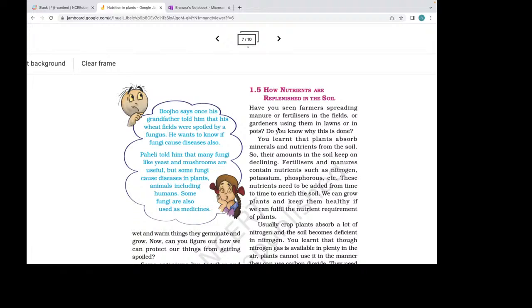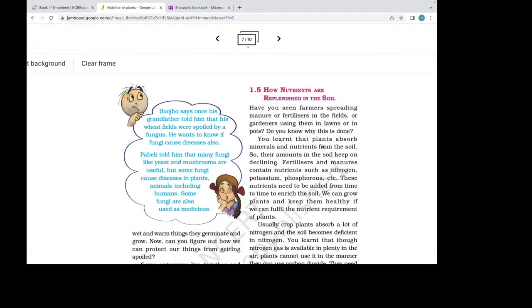Okay, so you must have seen farmers, किसान जो होते हैं, अपने खेतों में कुछ fertilizers और कुछ manure which is known as खाद, ये सब डालते हैं अपने खेतों में to nourish them and to prevent some kind of diseases in the plants and to grow more. Okay, to increase the fertility of soil.